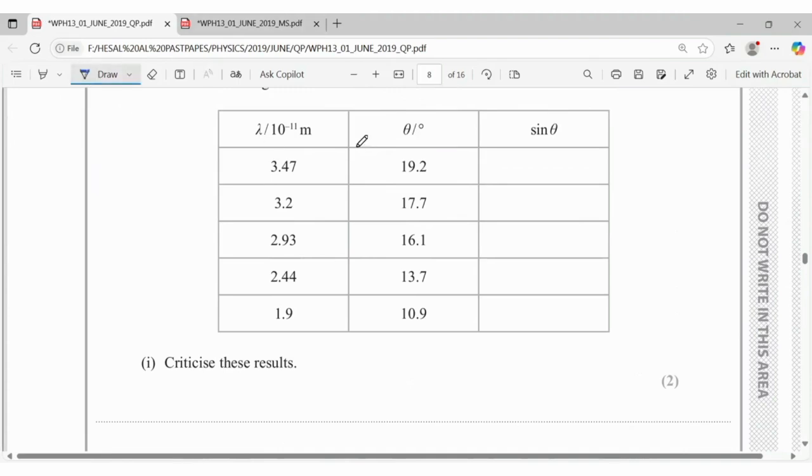Once you look at these values, what can you notice? Here, they have different numbers of significant figures. We can say there is an inconsistent number of significant figures for the lambda value. Only 5 sets of results are considered here, so any kind of repeat is not shown, no evidence for that. And also the range here is too small.